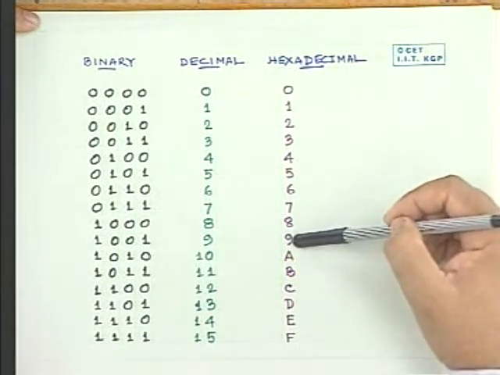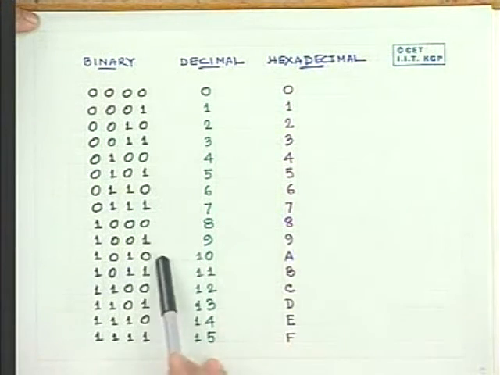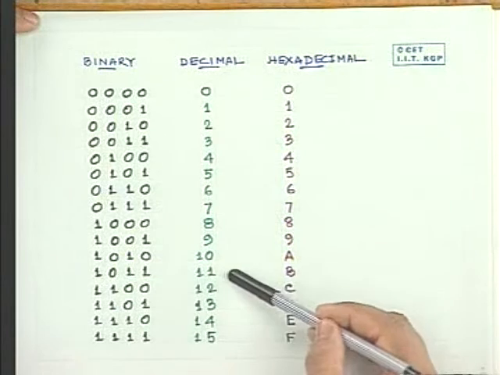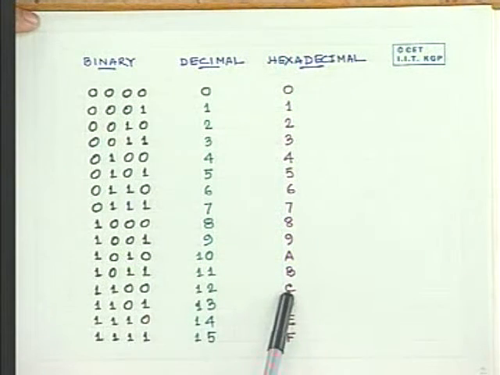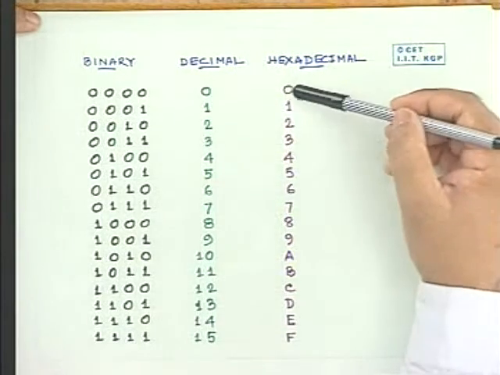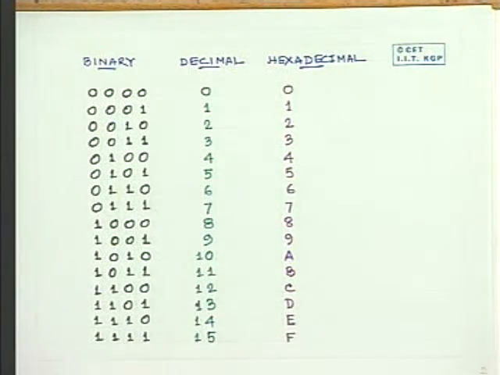Up to 9, we keep the characters same, and 10 is represented by A, 11 by B, 12 by C, 13 by D, 14 by E, and 15 by F. Okay, the hexadecimal characters are from 0 to F.